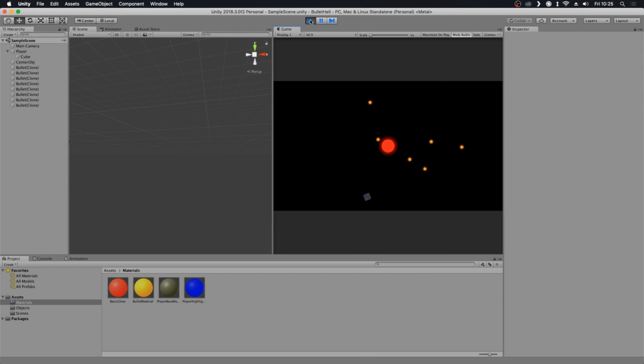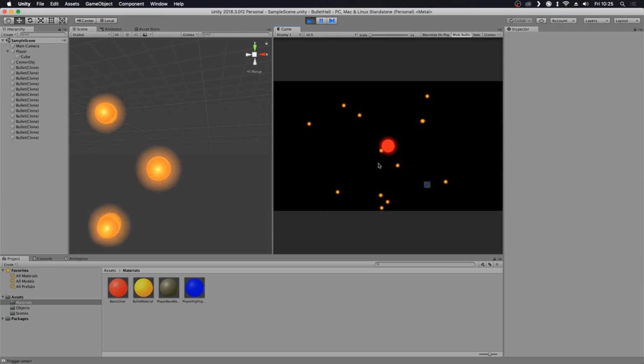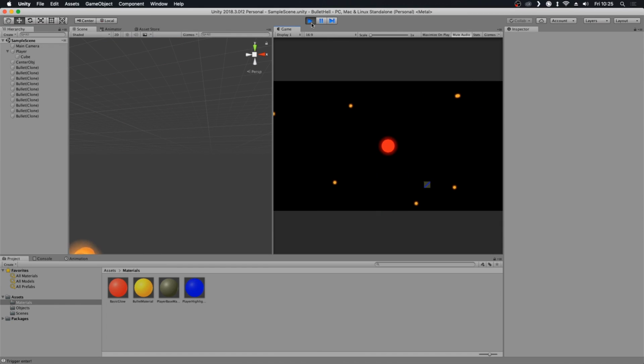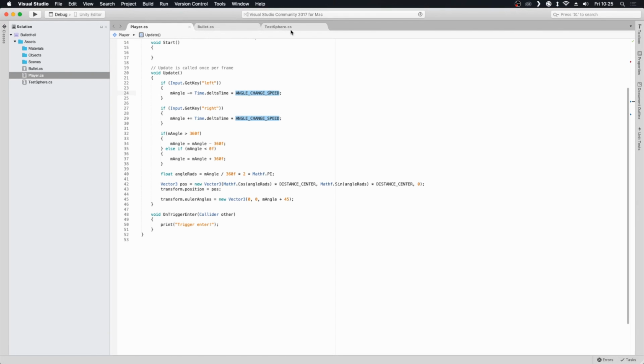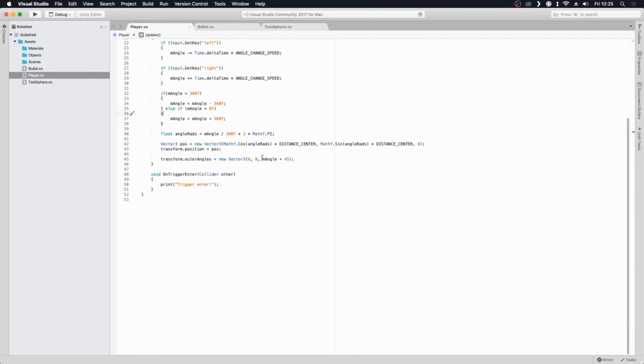I should make it rotate as well. Like sideways as it's moving to the side. (0, angle plus 45.